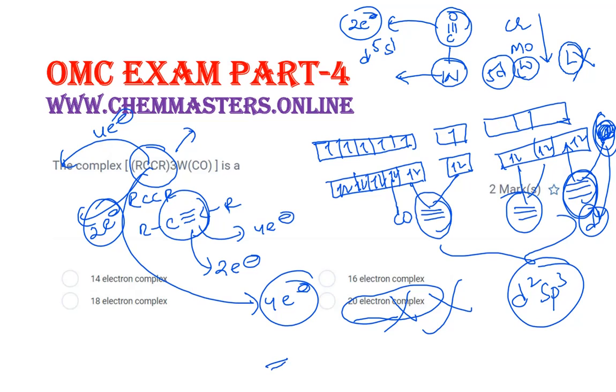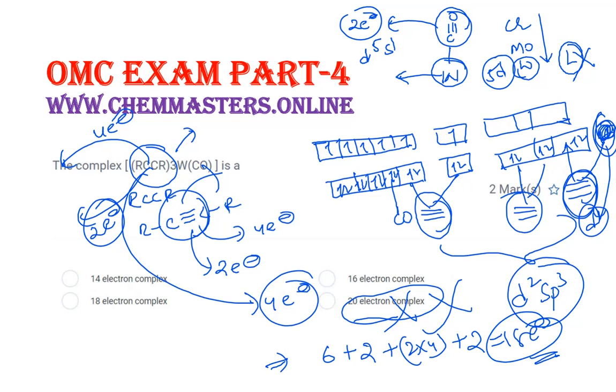Now just count the total electrons here. Tungsten contributes 6 electrons, CO contributes 2 electrons, 2 of the alkynes contribute 2 into 4, 8 electrons, plus 1 alkyne contributes 2 electrons, total 18 electrons. This is the possibility because all the available orbitals are packed with the electron contributions of alkynes and CO.